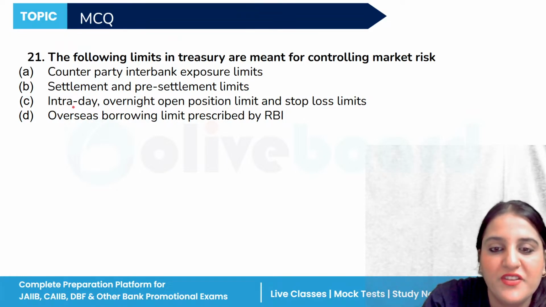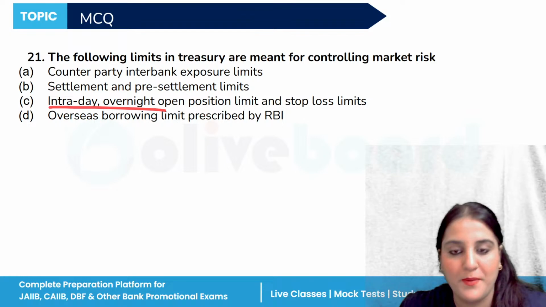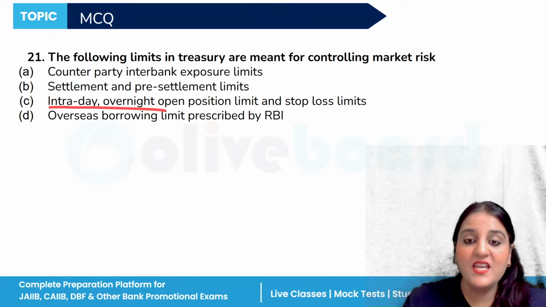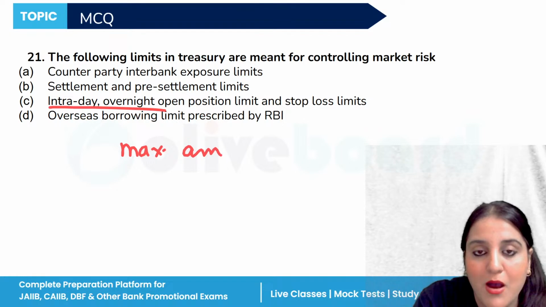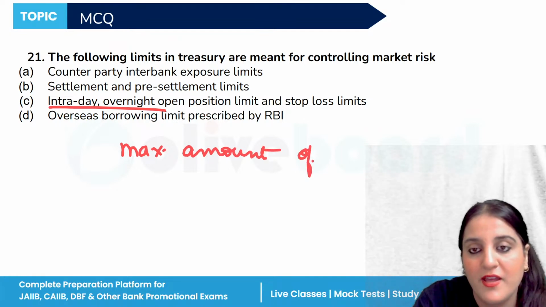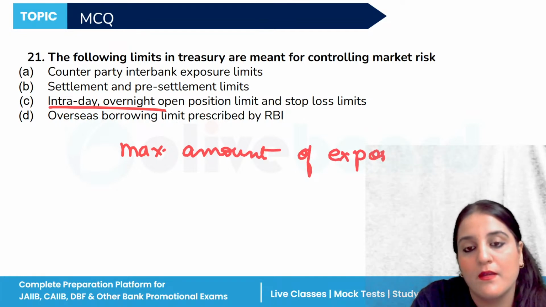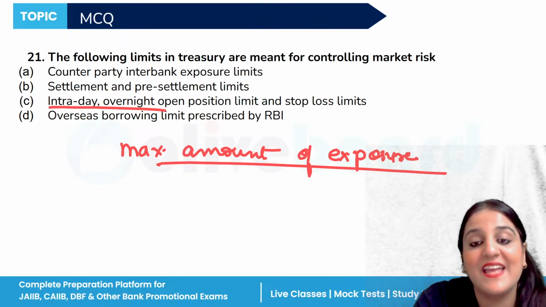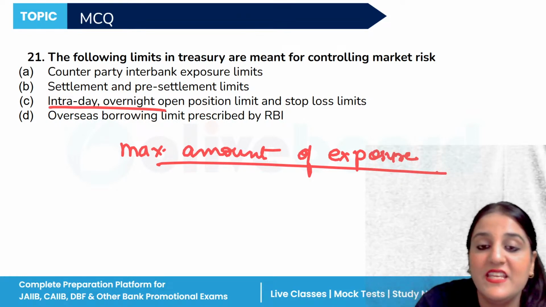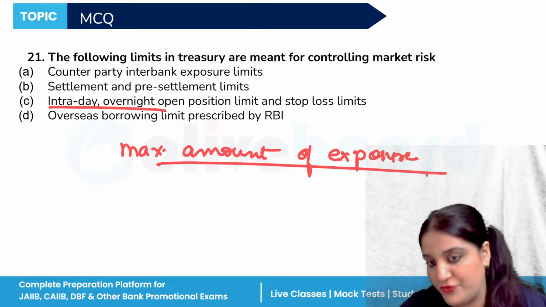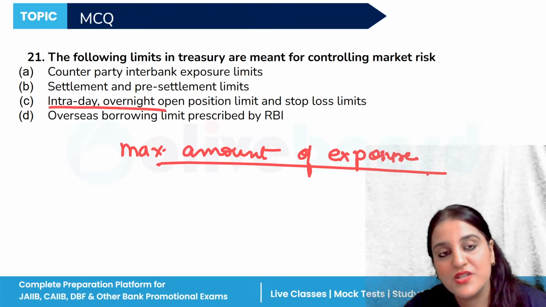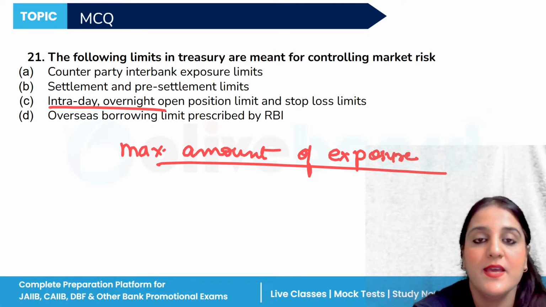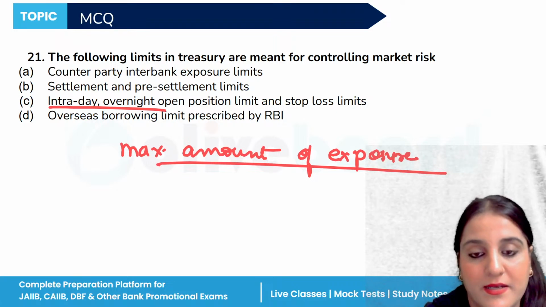What is the meaning of intraday and overnight open position limits? Basically, these limits define the maximum amount of exposure a treasury can hold at any given time, both during the trading day and the overnight. They help manage the risk associated with holding positions in the volatile market.